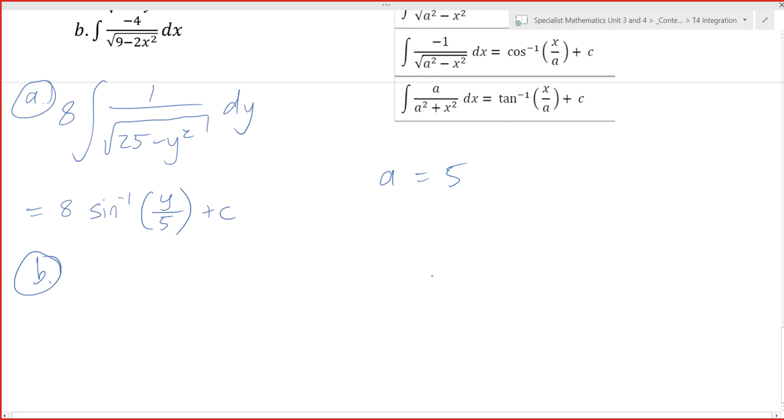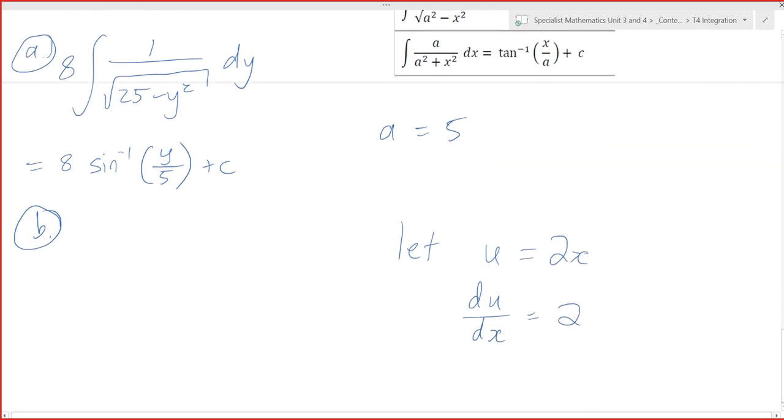So what we can do, let u equal 2x, right? And then remember we do the derivative. So that's 2. Like before, step 1, let u equal the thing squared. Step 2, find the derivative.